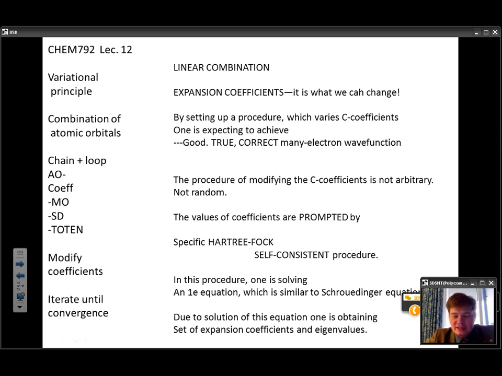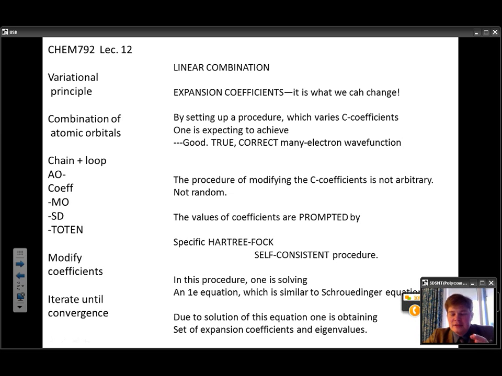It is already possible, and this principle of trying random realizations is used in so-called quantum Monte Carlo procedure. But here we are following Hartree-Fock, who developed a smart way to guess those coefficients and improve them in several incremental cycles.